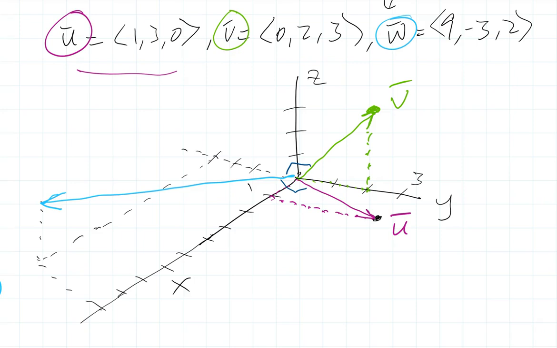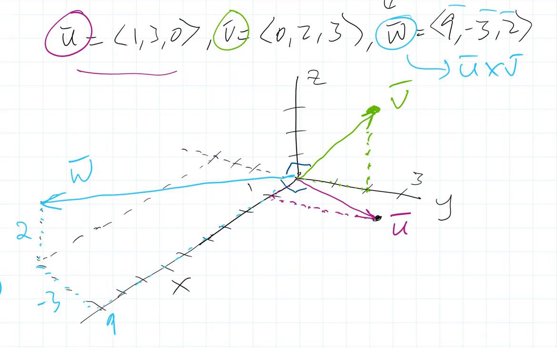Graph V, and then now W here, W is U cross V. Now, W has to be perpendicular to both U and V, so we went out 9, marched around to 9 on the x-axis, and then out to -3 in the y direction, and then up 2 in the z direction.